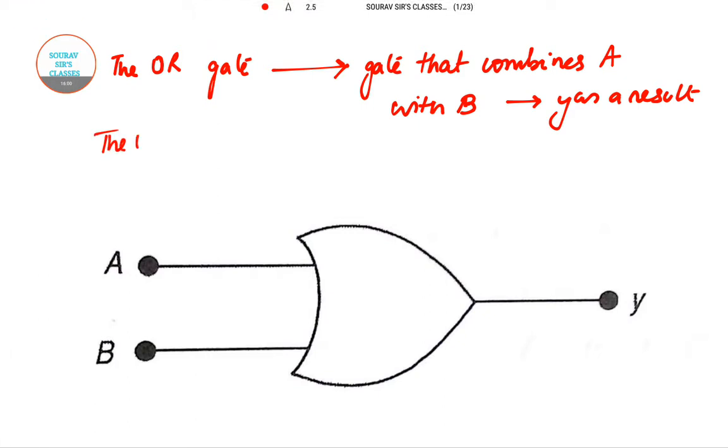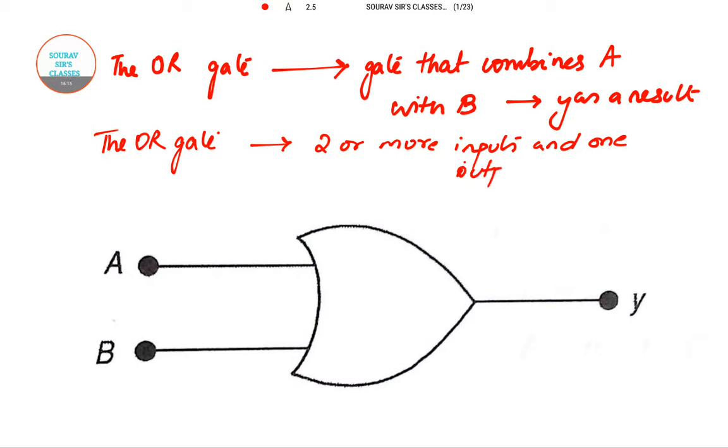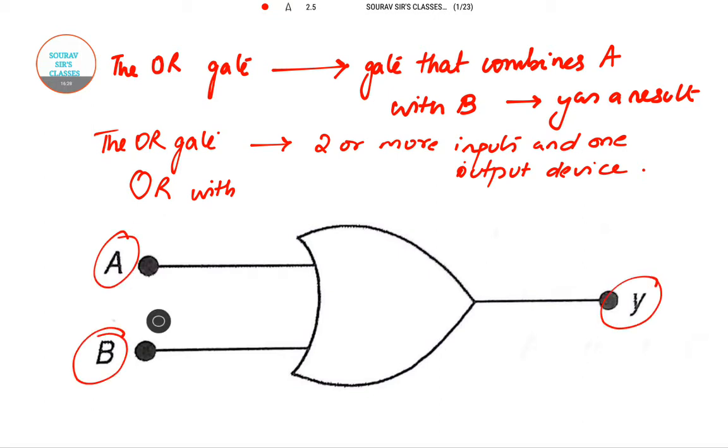The OR gate has two or more inputs, but it will definitely have one output device. Okay, and the logic symbol of OR gate with A and B inputs and Y as output can be given by this particular diagram. This particular diagram shows our OR gate.